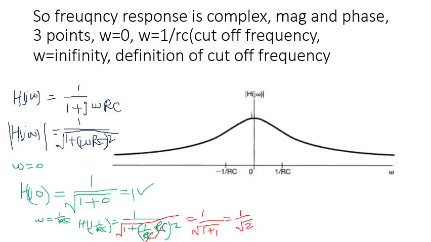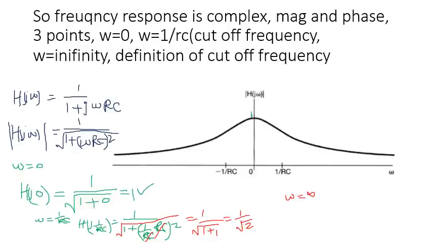Similarly, the third point is when omega equals infinity. Infinity multiplied by RC results into infinity, 1 plus infinity results into infinity, the square root of infinity is infinity, and 1 over infinity will be 0.